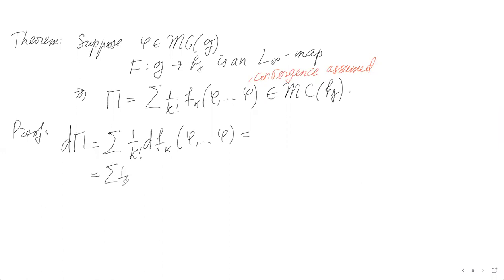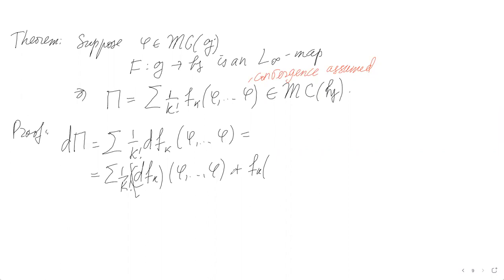So we have 1 over k factorial d of f_k, it is equal to the differential of f_k applied to phi, comma phi, comma phi, plus or minus, I don't care, f_k applied to the differential of every element inside, but all the elements inside are the same.